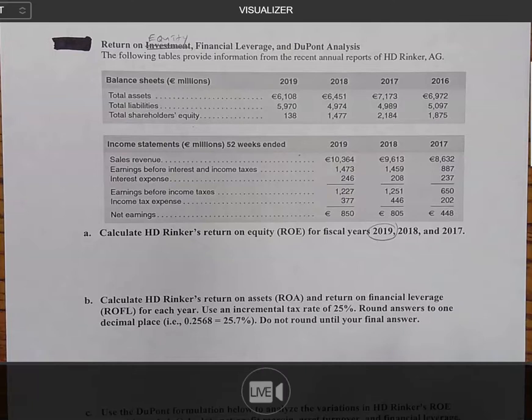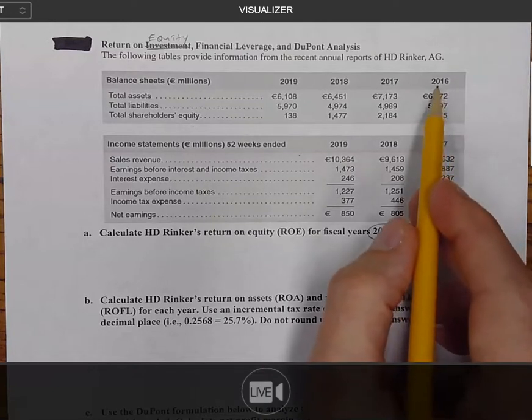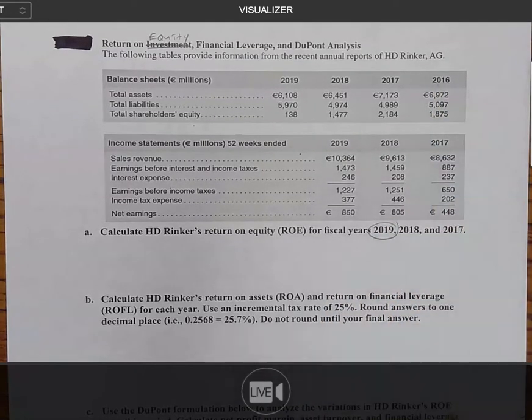I will say this: when we're doing this, we need 2 different years, so we cannot do 2016 because we would have needed 2015 over here, and we don't have that. So we're going to focus our attention on ROE for 2019. This company has their statements stated in euros. That is absolutely irrelevant to our purposes. Okay, so calculate ROE for the year 2019.